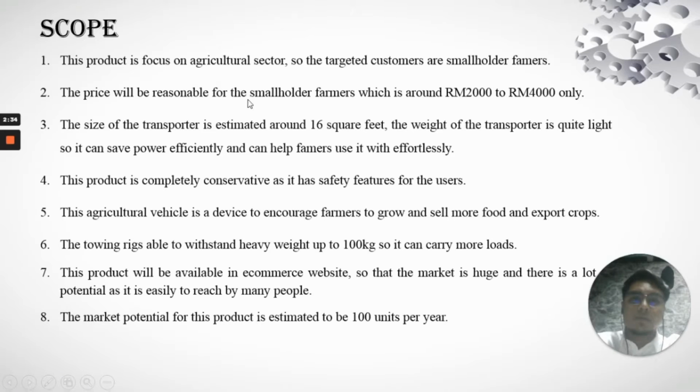The price is reasonable, around RM 2000 to 4000, and it is quite light, can save power efficiently, is completely conservative, and has a safety feature. The weight is able to withstand heavy loads up to 100 kg.